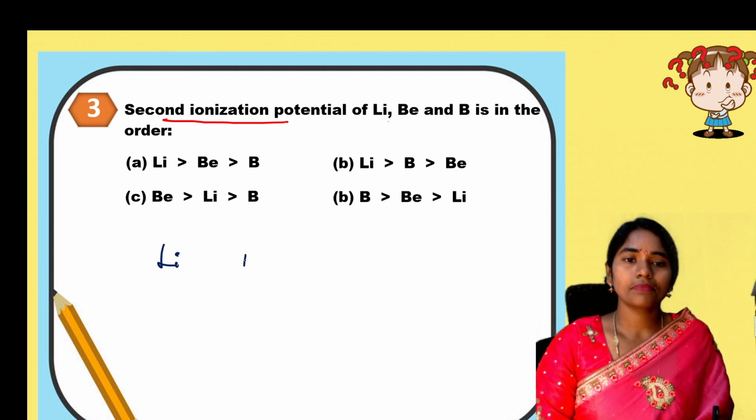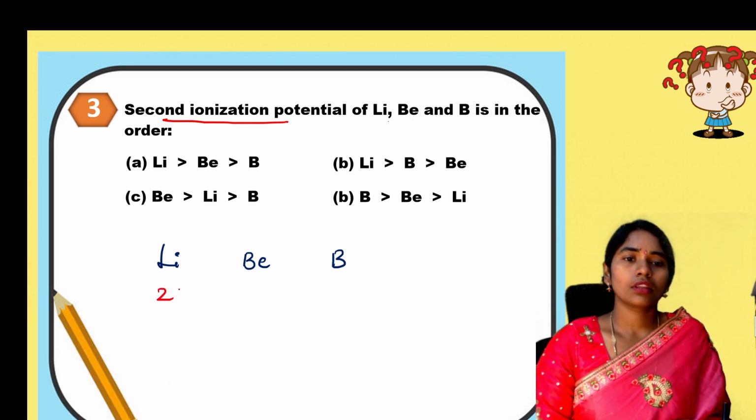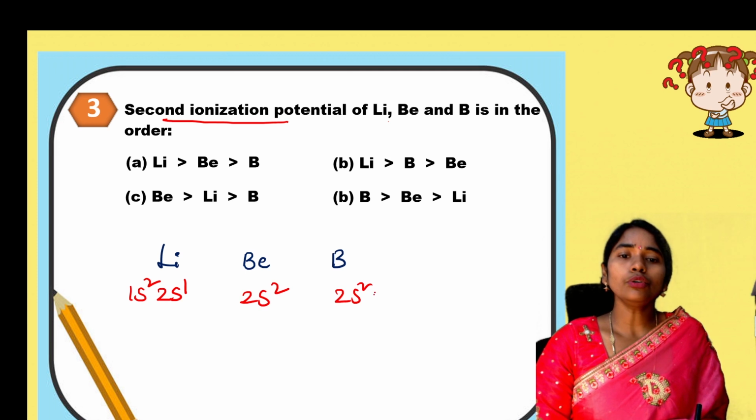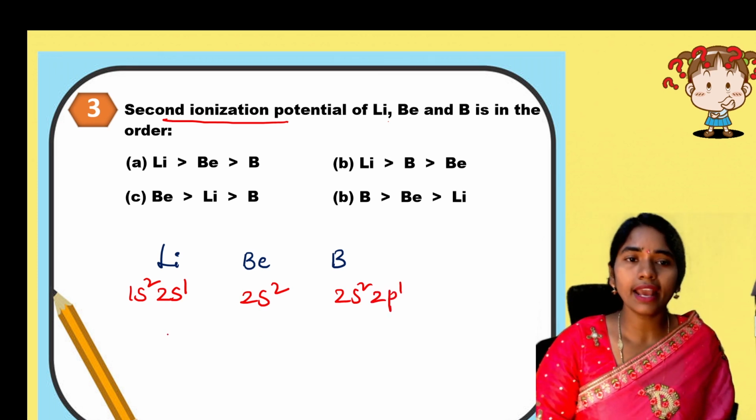See, lithium, beryllium, boron. What are the electronic configurations? Lithium: 1s2, 2s1. Beryllium: 1s2, 2s2. Boron: 2s2, 2p1. This is the general electronic configuration of each element that I have written.